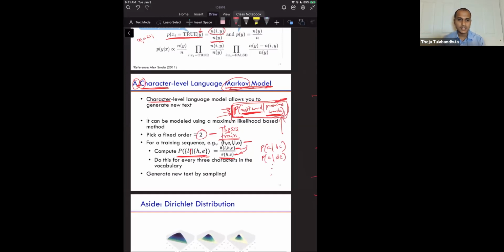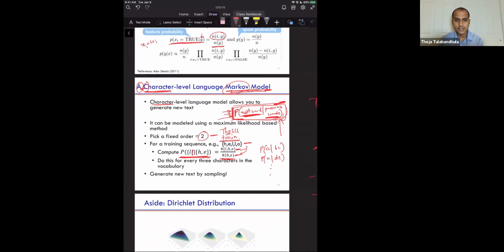And if you have that object, then you can sample from all these conditional probabilities, because these are discrete random variables, or probability mass functions. Essentially, you can easily sample it on a computer, and so you can generate sequences of characters. Okay. So, any questions about this part? What is a language model, and how to build a character level language model using Markov modeling?